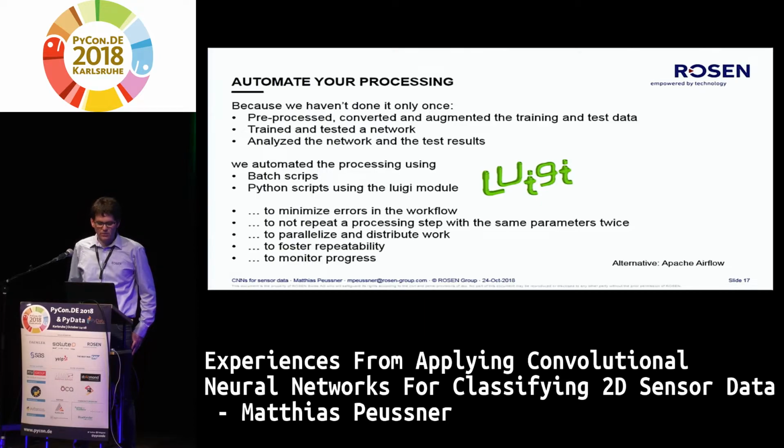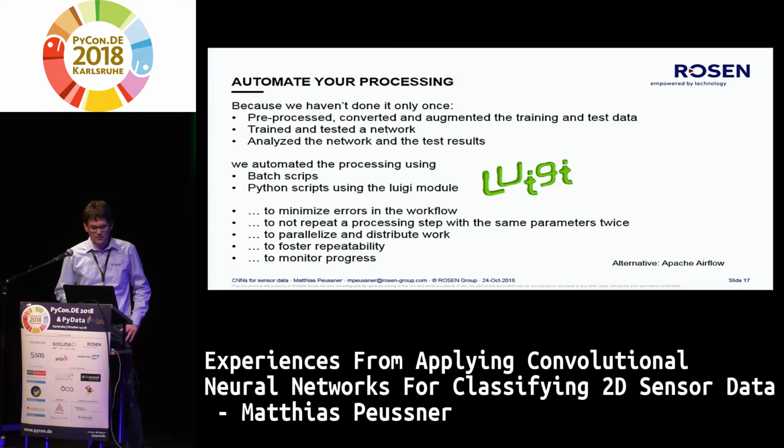So I'm doing pre-processing several times. I converted the data, I mixed the training data and test data in different ways, and I trained the network with different parameters. So it's good to have a real processing pipeline and to automate it, so you do not have so many errors during your processing.